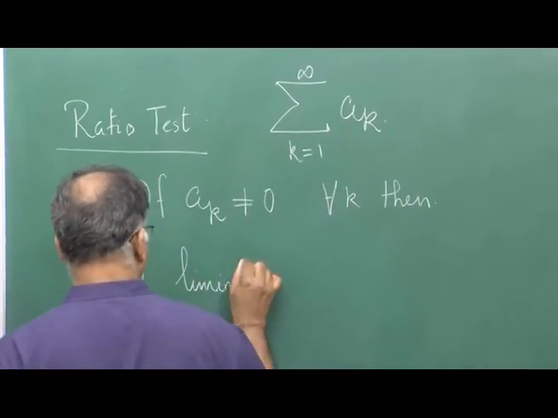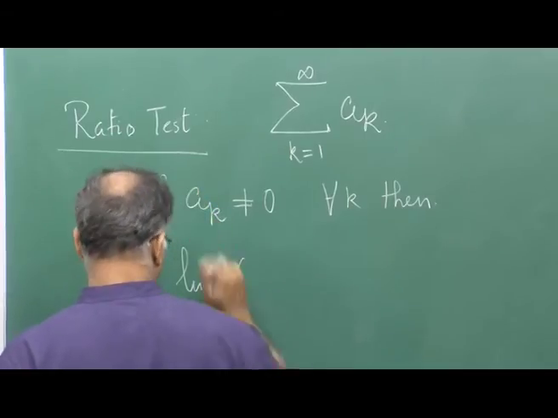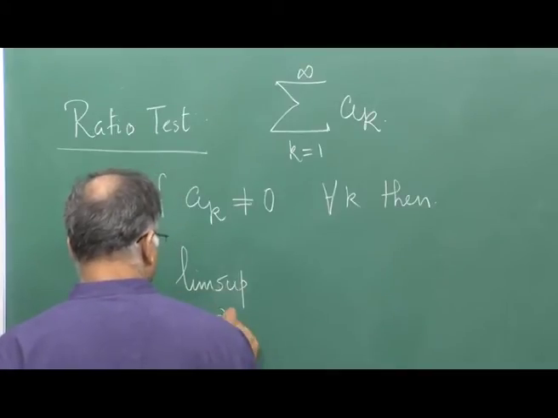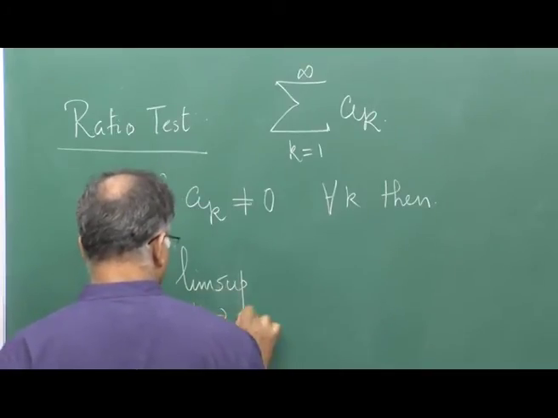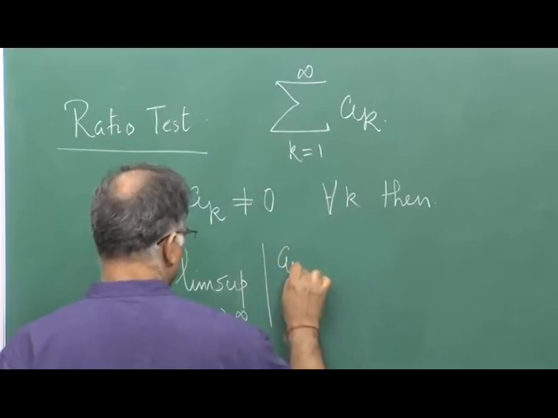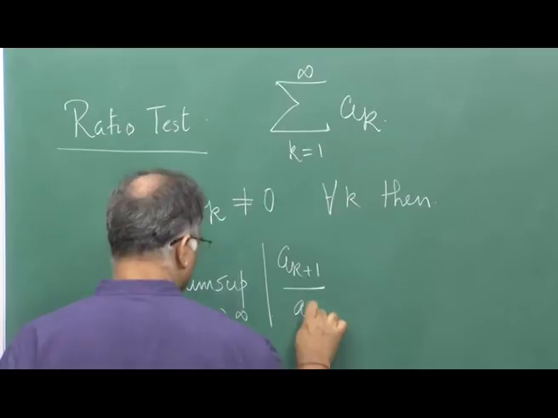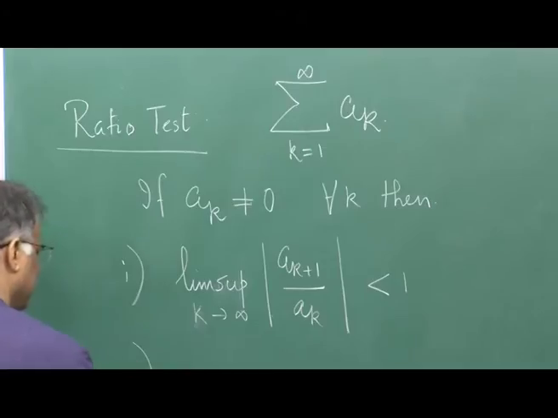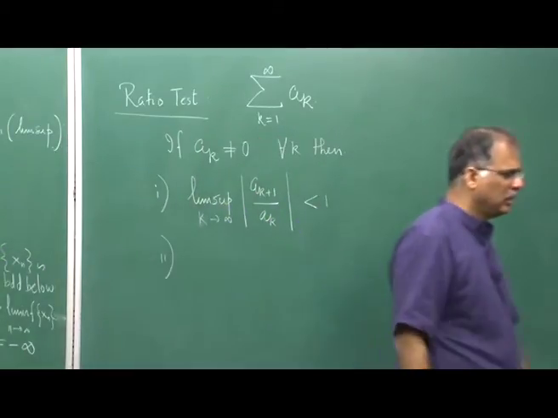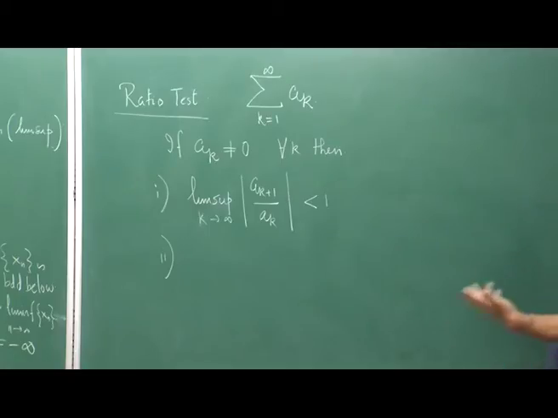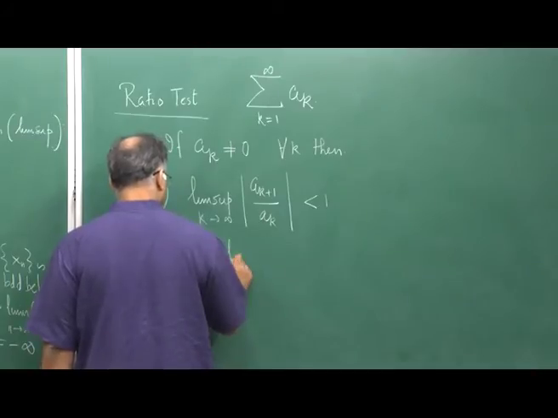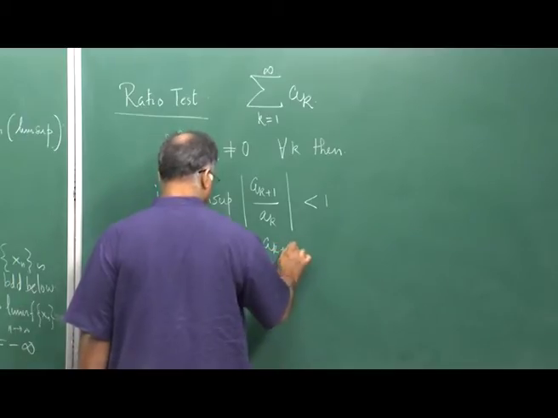Limit supremum as k tends to infinity of mod ak plus 1 by ak, and the limit infimum of this would be strictly greater than 1. Suppose we have these things.